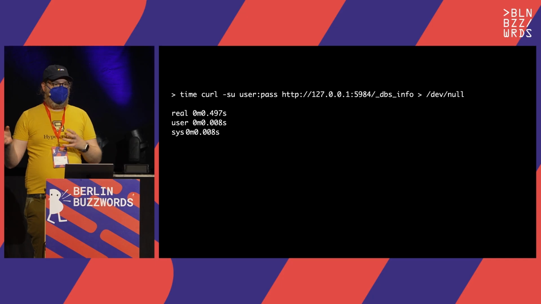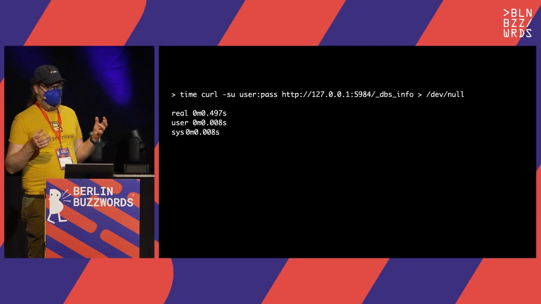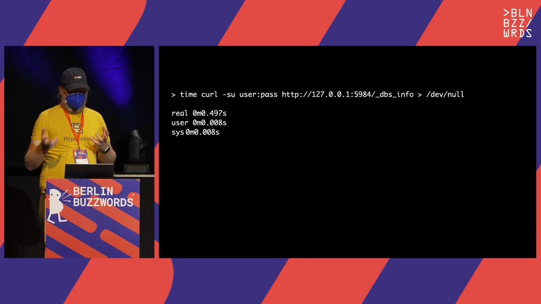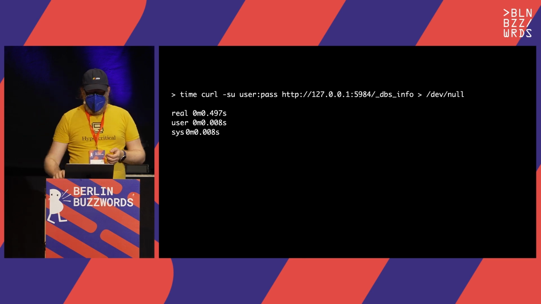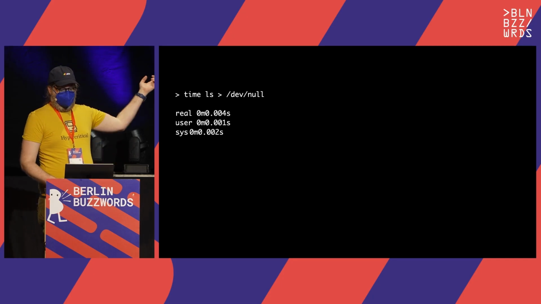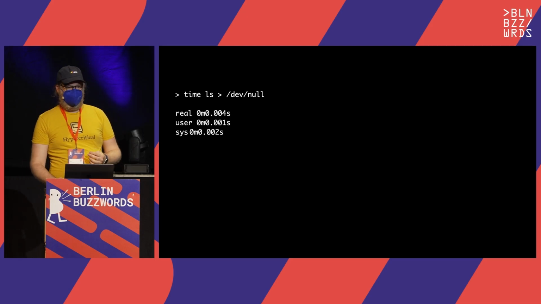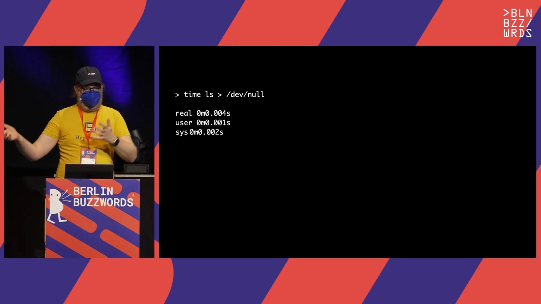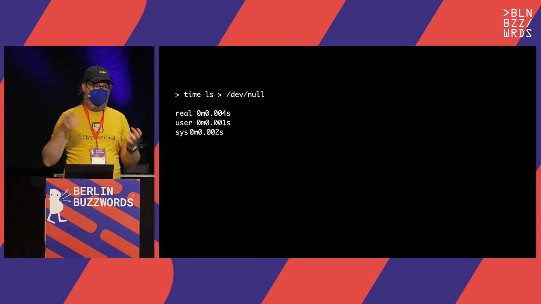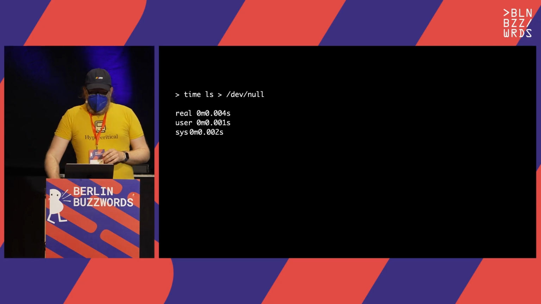That's a lot of operating system machinery that has to run before the actual work happens that we want to measure. But in comparison, just listing a directory with 5 files in it takes 4 milliseconds. And that doesn't make any difference to the 500 milliseconds we were looking at. So even with networking on the same machine, time is fine for benchmarking here.